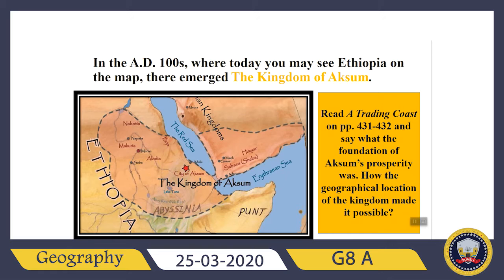You will read now Trading Coast on pages 431, 432, and say what the foundation of Aksum's prosperity was, or in other words, why Aksum was so rich, and how the geographical location of the kingdom made it possible. You press pause, you read, then you think, and we will go on.